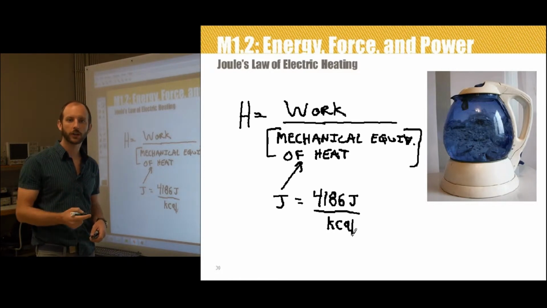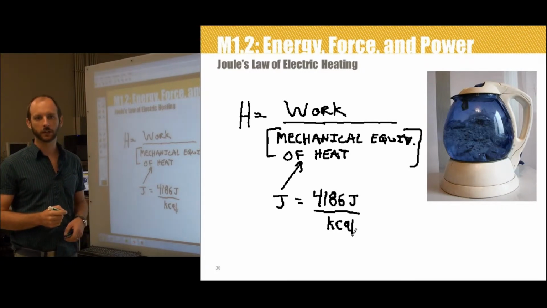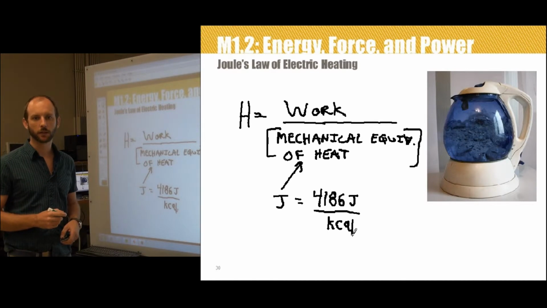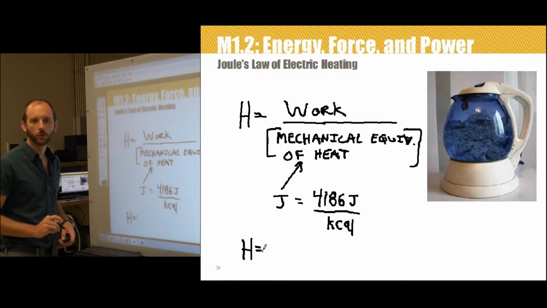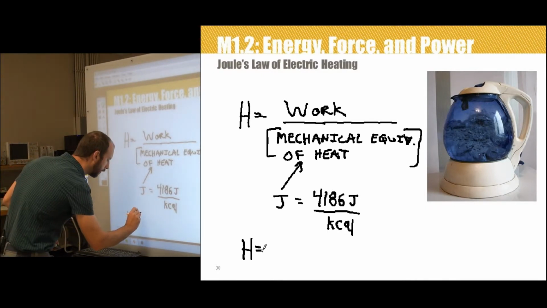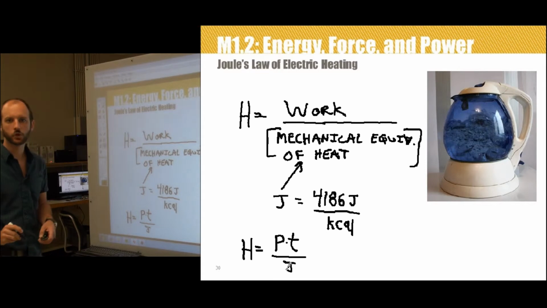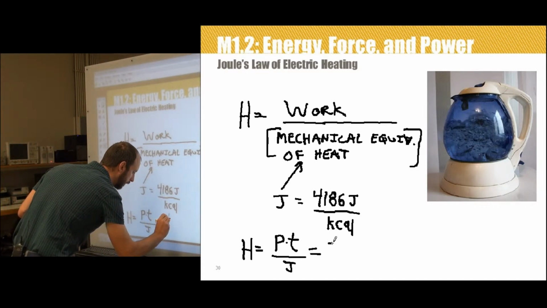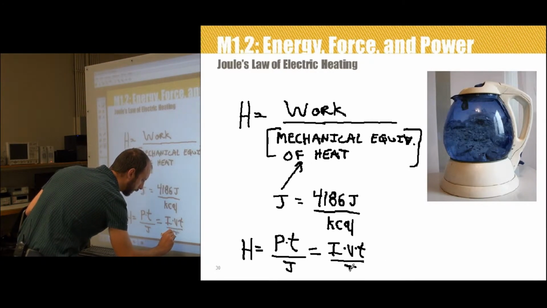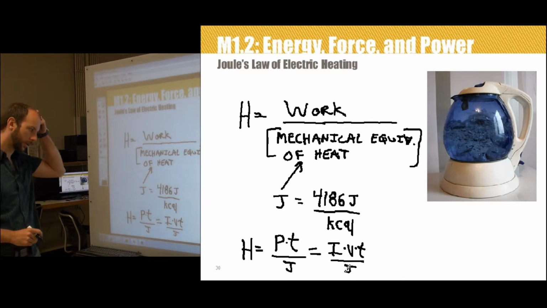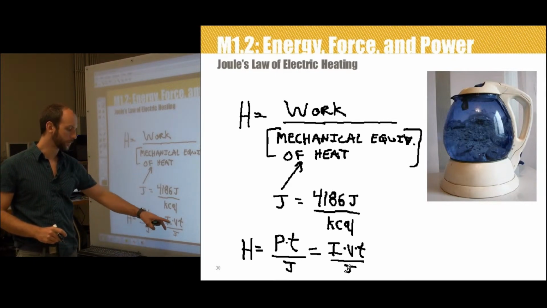So, using Joule's law to calculate the amount of heat produced by a current of I amps through a resistance of R ohms for T seconds is going to be given by heat equals power times time over that mechanical equivalent, J, which equals I times V times T. So I can calculate the amount of heat produced by calculating the work done, which is power times time, right?